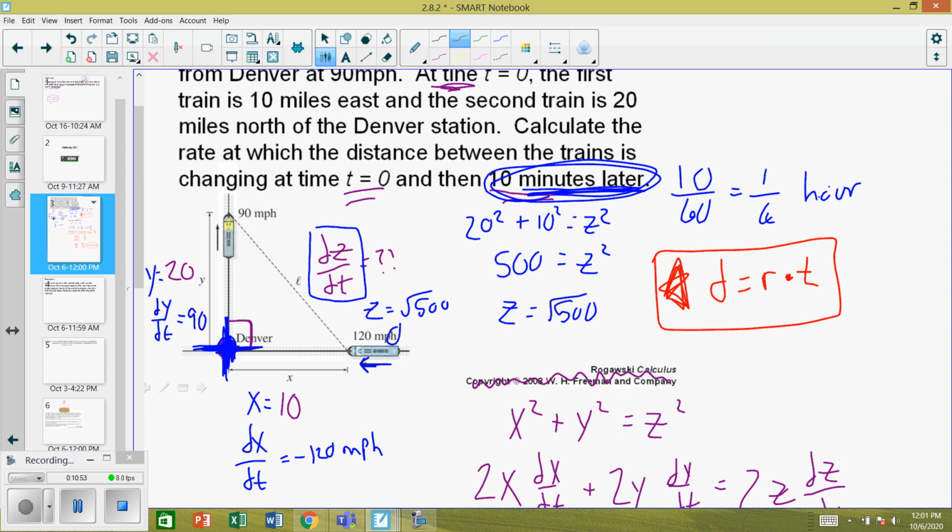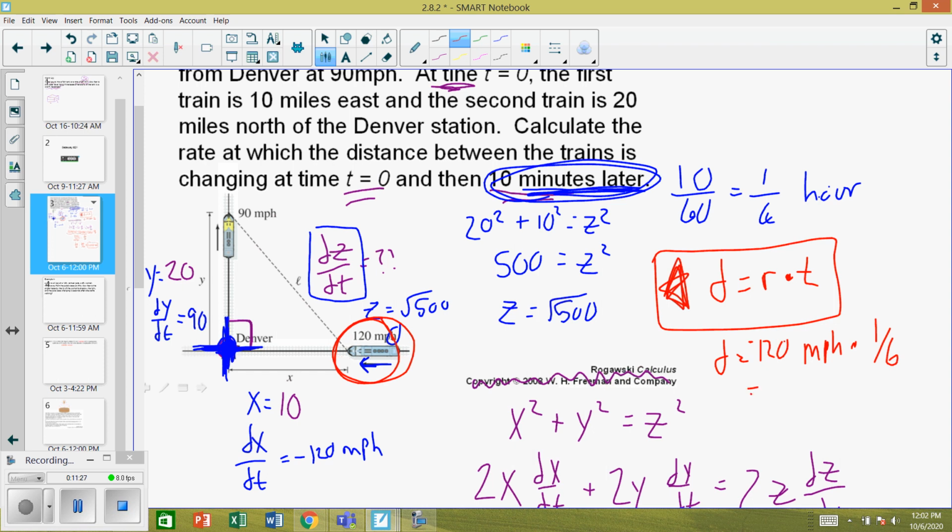For instance, if I want to know where my train on the horizontal axis is at, you're going to do 120 miles per hour times how long we've traveled. Well, we do 120 miles per every hour, and we've gone 1/6 hour. So, 120 times 1/6, and just be careful again because we are going to the left, so that should be negative.